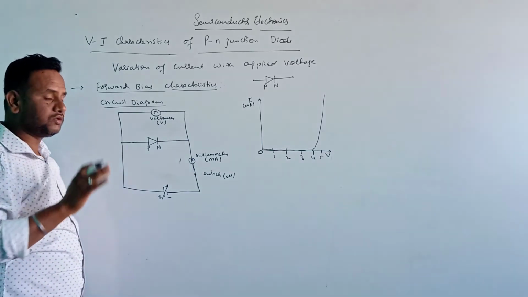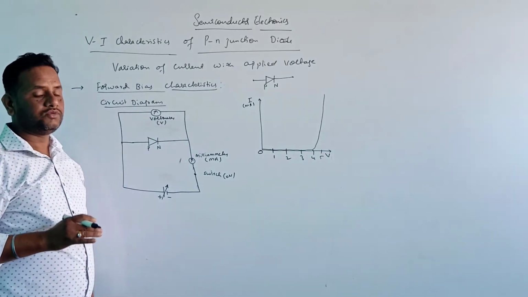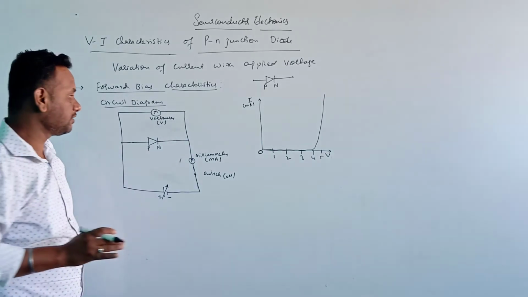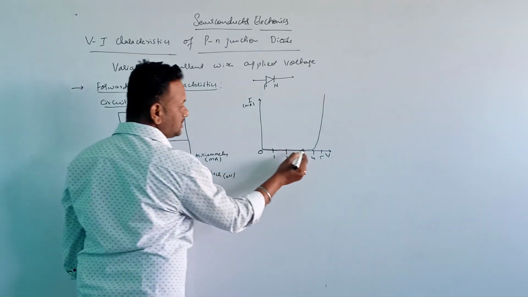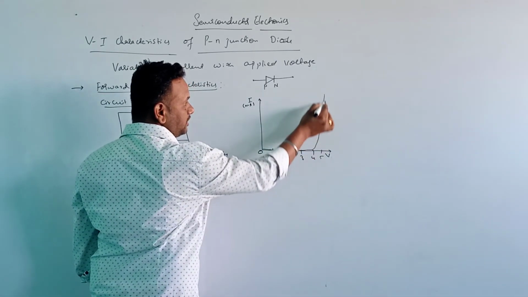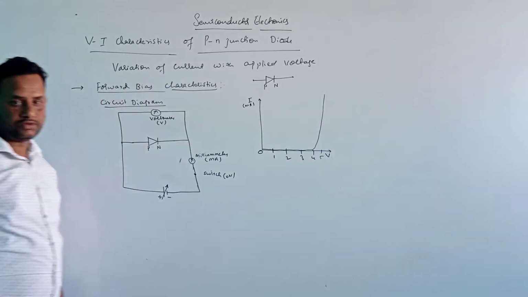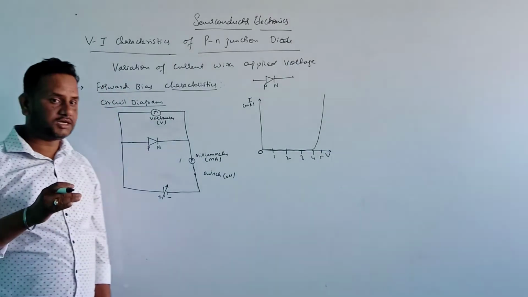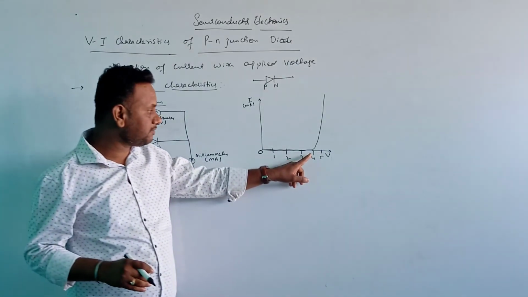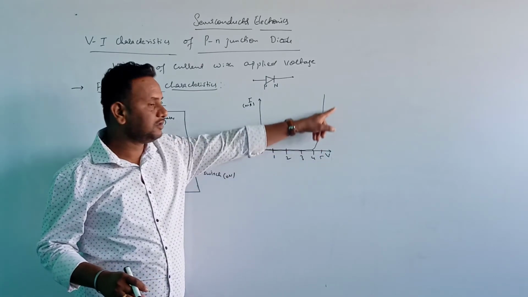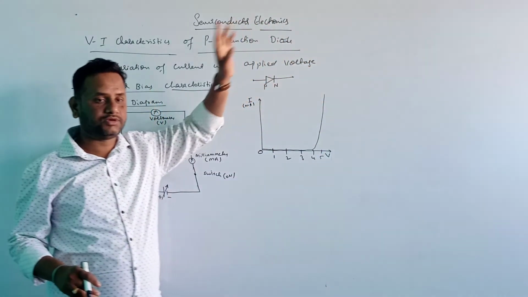At one particular voltage, what happens here? The current starts to increase exponentially. If I go on changing that voltage, at one particular voltage, suddenly the current starts increasing exponentially.